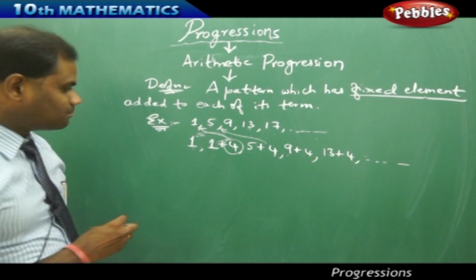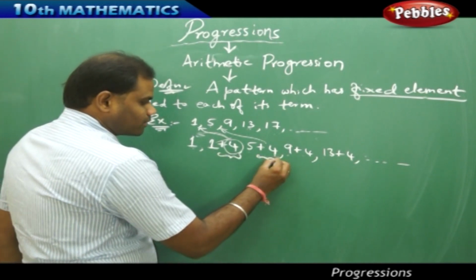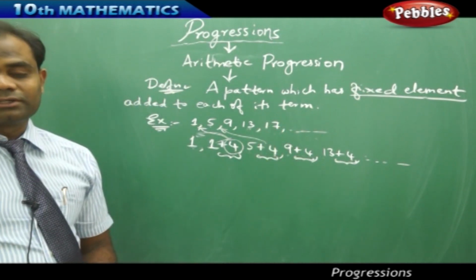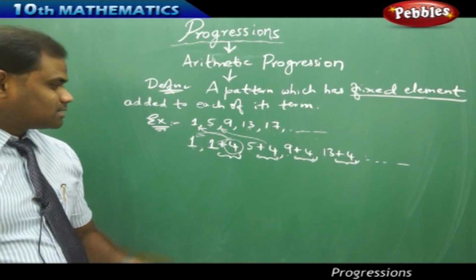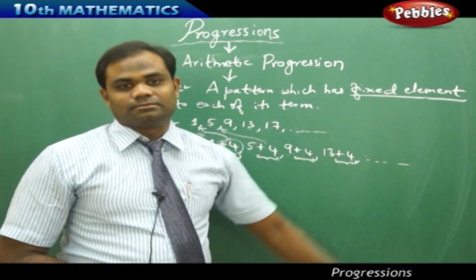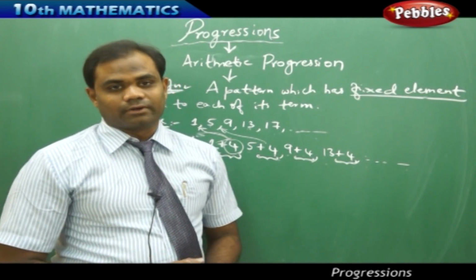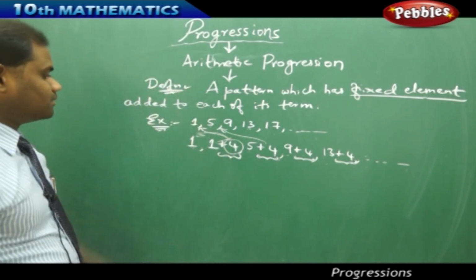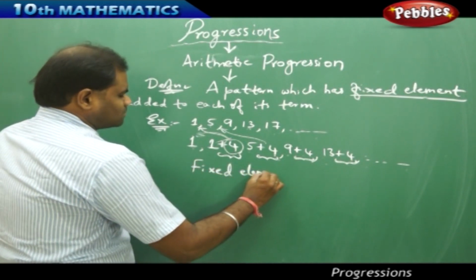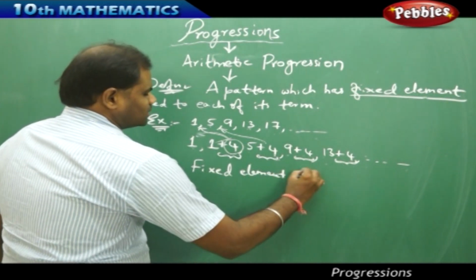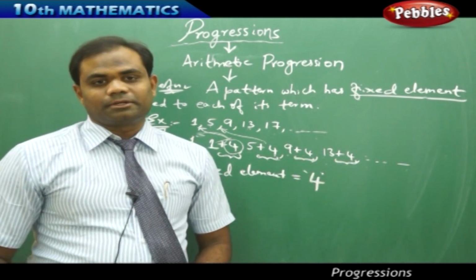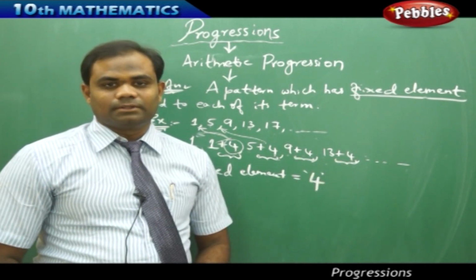Now in this example problem, I see that the fixed element 4 is added to each term of the given progression or pattern. Therefore, this kind of sequence where a fixed element is added to each of the terms is called an arithmetic progression, as given by the definition. The fixed element here is 4, is what we identify in an arithmetic progression, this being one of the examples.